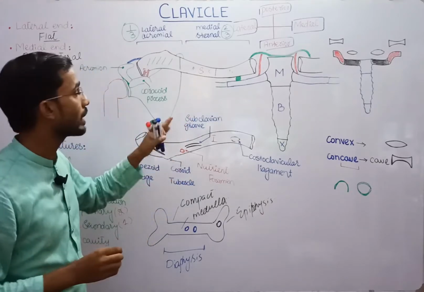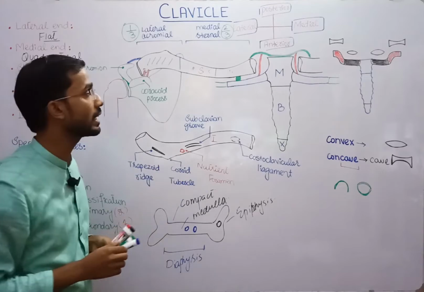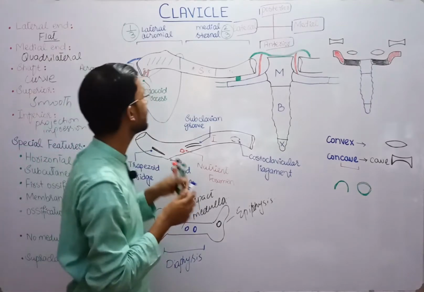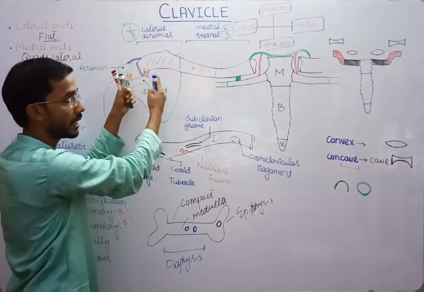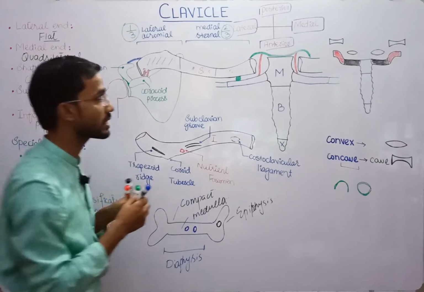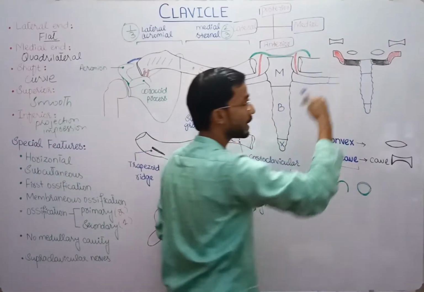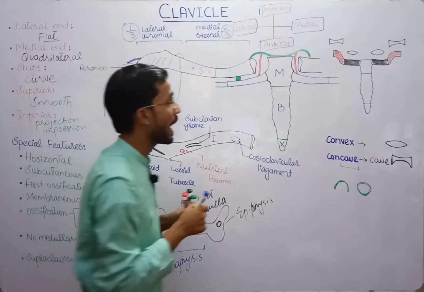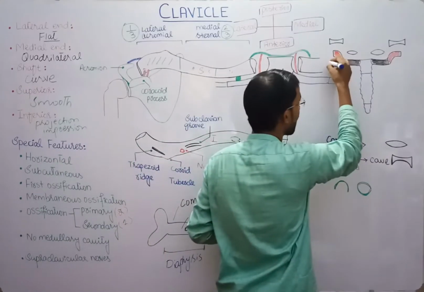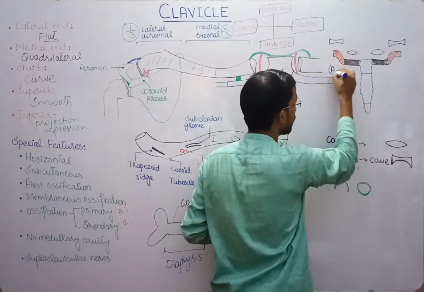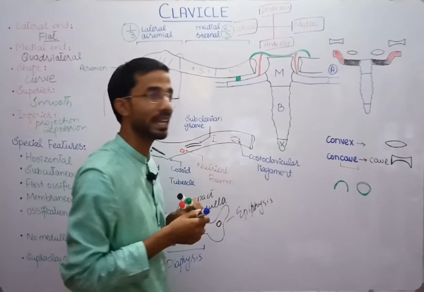Next we will see the posterior and the inferior side. Actually, first the lateral side. Looking at the lateral side in the anterior view, the lateral side will be concave.